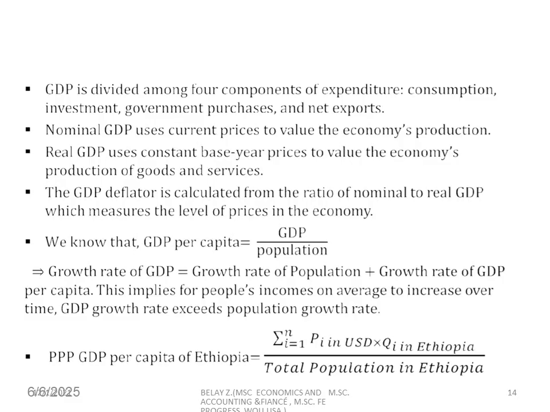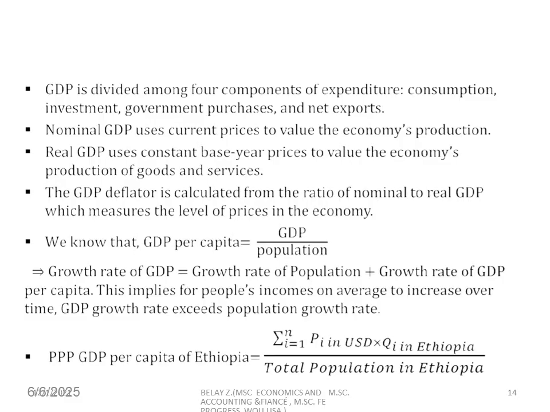And GDP deflator is calculated from the ratio of nominal GDP to real GDP, which measures the level of prices in the economy. We have discussed that GDP deflator is calculated as nominal GDP divided by real GDP. We know that GDP per capita is equal to GDP over population.